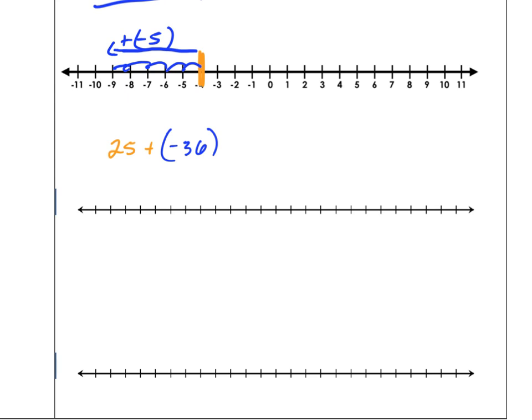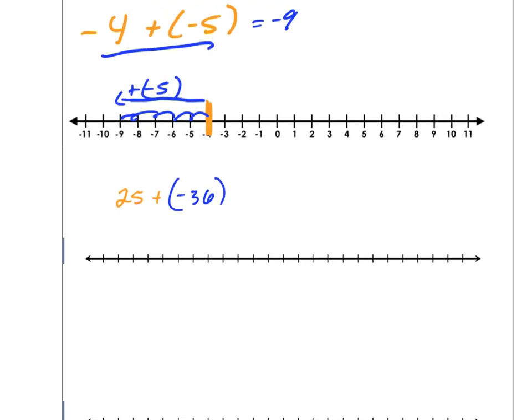If I look up above, I can see that when I add a negative, I'm going to the left. So when I'm drawing my number line, I'm going to be really careful to make sure I've got room to go to the left. So I'm going to start here at 25, and I know that I'm going to add negative 36, so I'm going to go this way, 36.